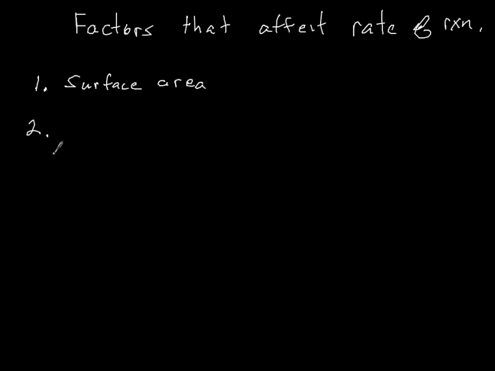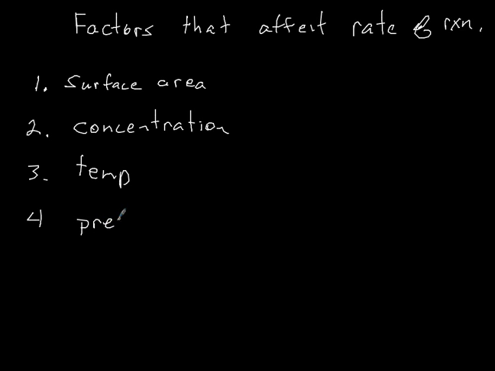Another one would be the concentration of the reacting particles, particularly if we're talking about solution chemistry. Another one would be the temperature, and another one would be the pressure. You need to know these, but you also need to understand and relate them to collision theory.